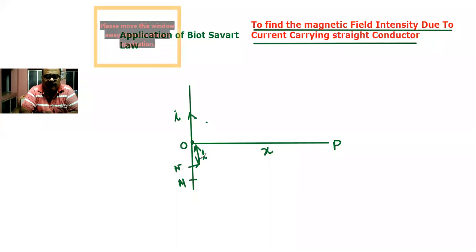If this is at a distance of L, then this distance will be dl, suppose. That means the distance between O and N is L, and the distance between O and M is L plus dl. And the distance between N and P is suppose R.